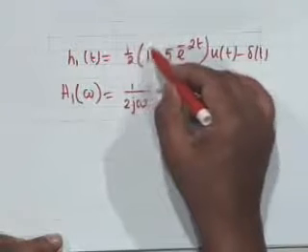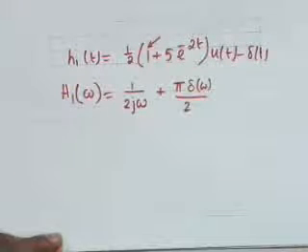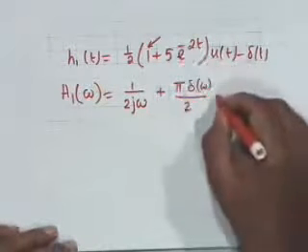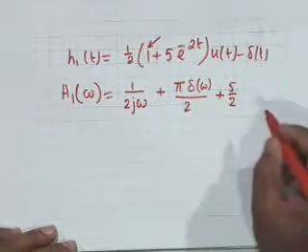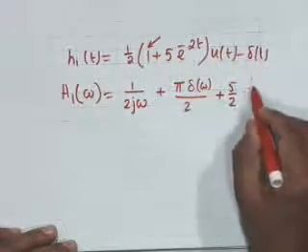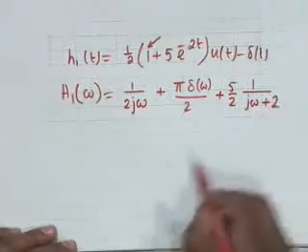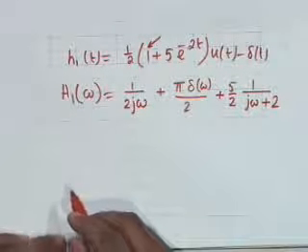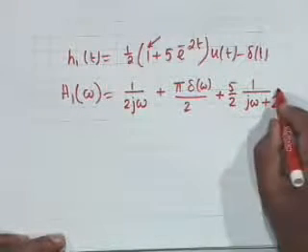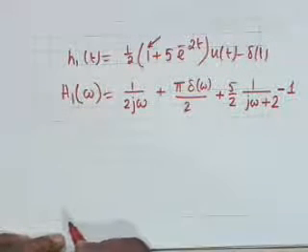This takes care of the constant 1. Then for the other one, 5 by 2 e to the minus 2t u(t), therefore it shall be 1 by j omega plus 2, and then for the delta(t) it should be minus 1, alright.